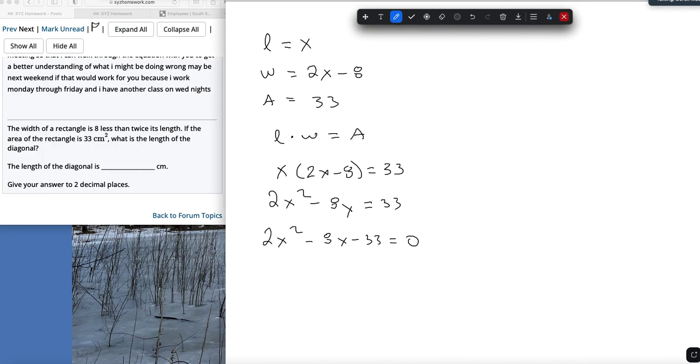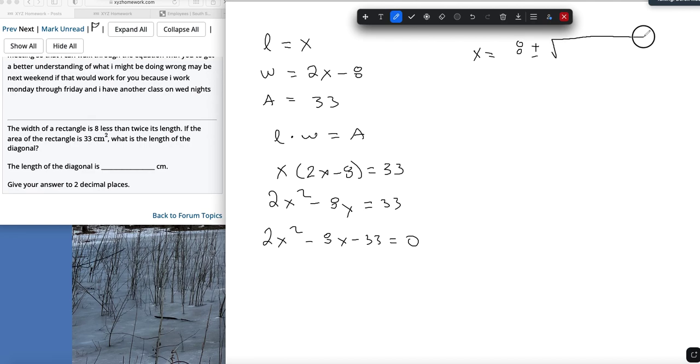Let's see. Solving this, we're going to get x equals negative b, so that'll be a positive 8, plus or minus. It's not going to be the minus because that will be a negative value, and we're looking at a rectangle, so we're looking for the positive root.